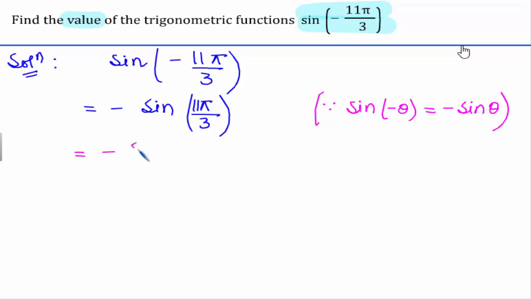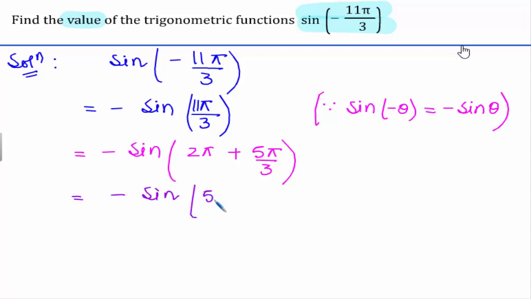Now this can be written as minus sin 2 pi plus 5 pi upon 3, and this is equal to minus sin 5 pi upon 3, and this is because we know that sin 2 pi plus theta is equal to sin theta.